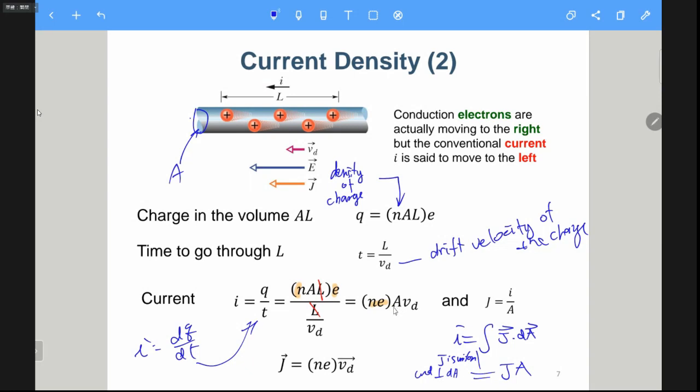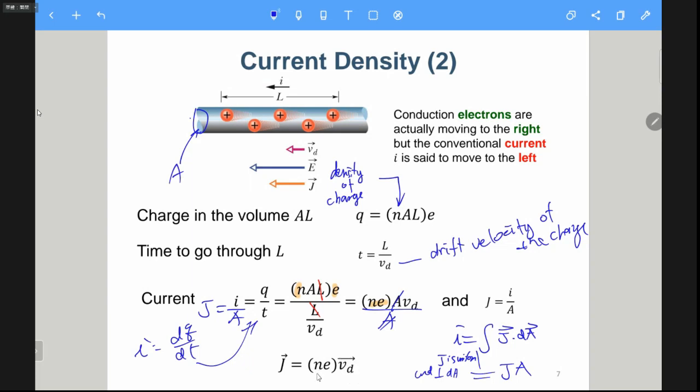So I over A, we can just divide by A on both sides, and so this is J, and A can be cancelled. So we have J equals N times E times Vd, which is like J is proportional to the drift velocity.